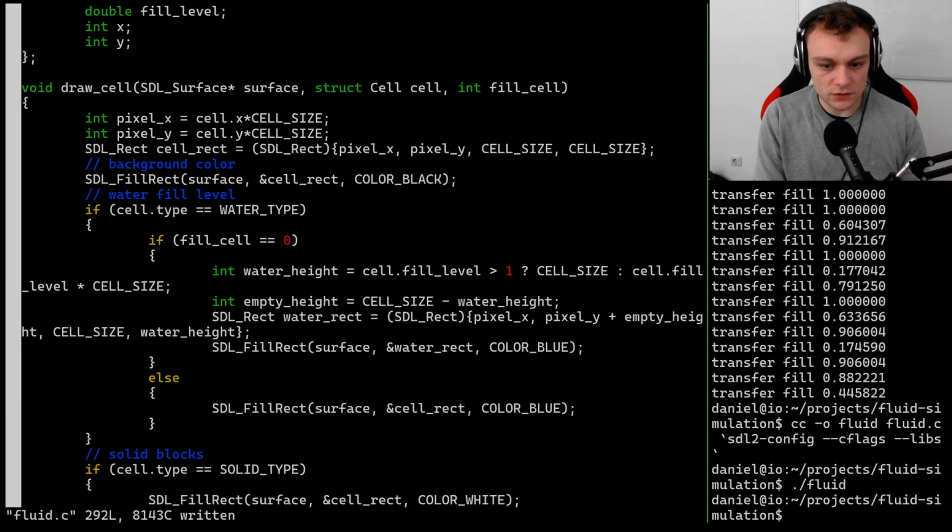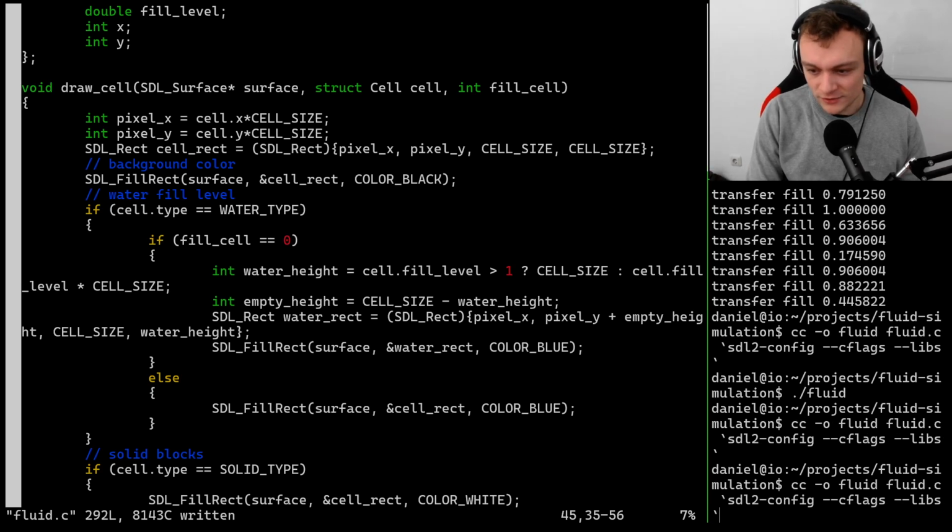Cell rect. Okay, now I'm really interested in how that looks. How does that look?